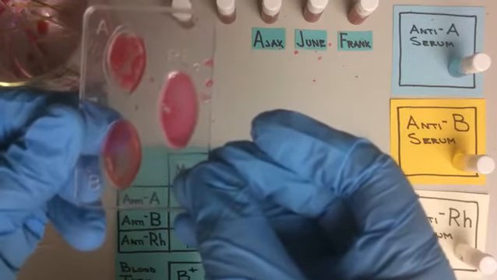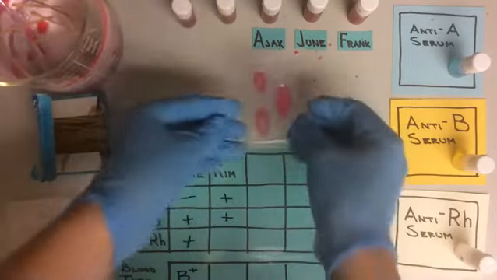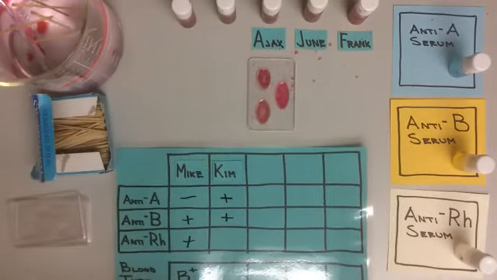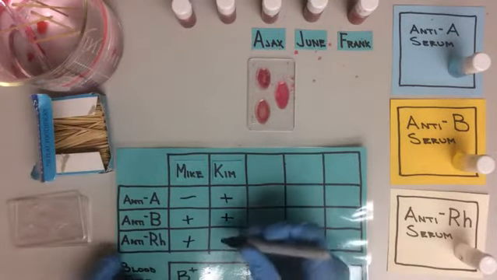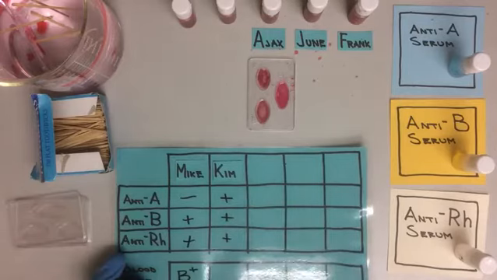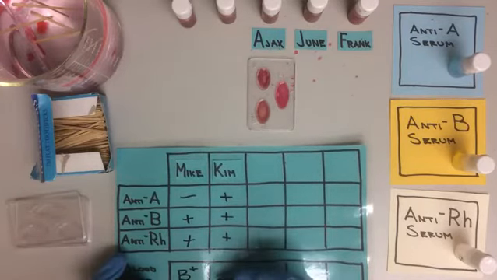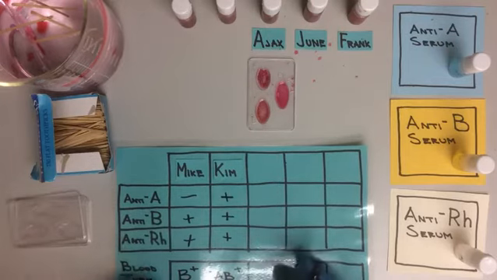See those little clumps. So Kim is also positive for anti-Rh. This means that Kim's blood type is going to be AB positive.